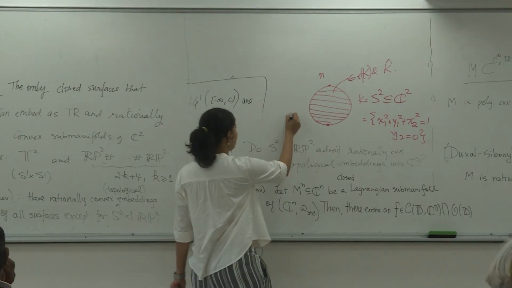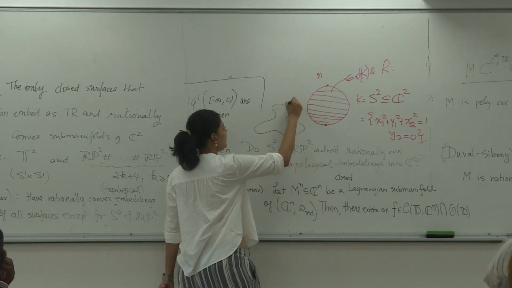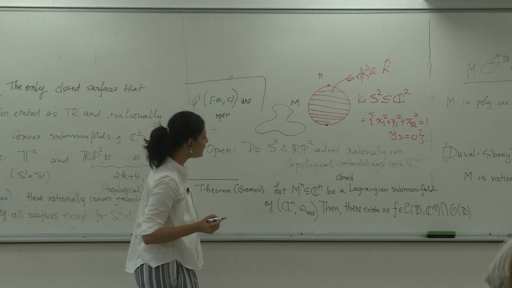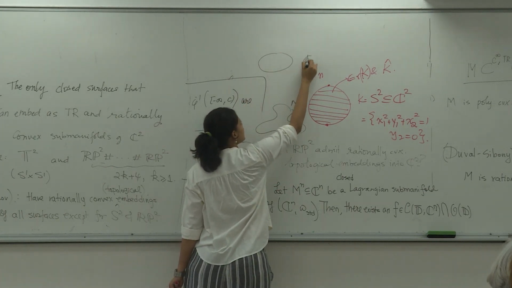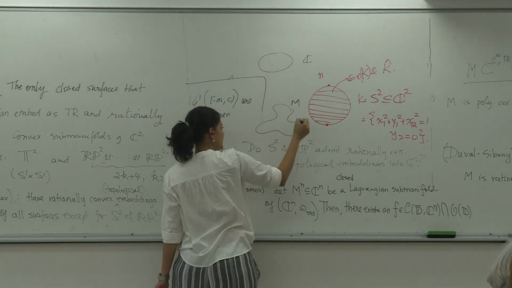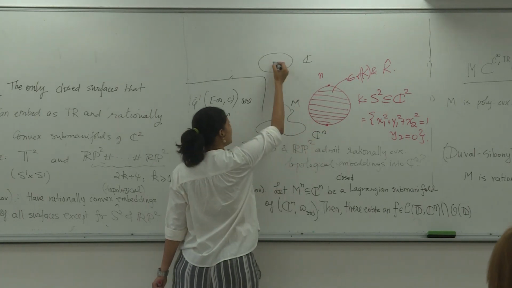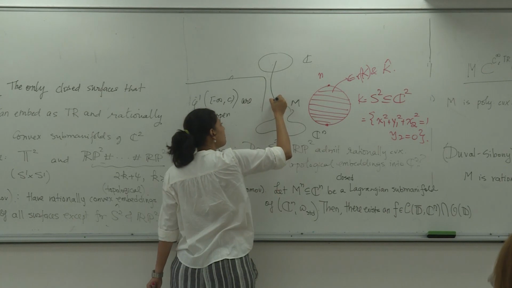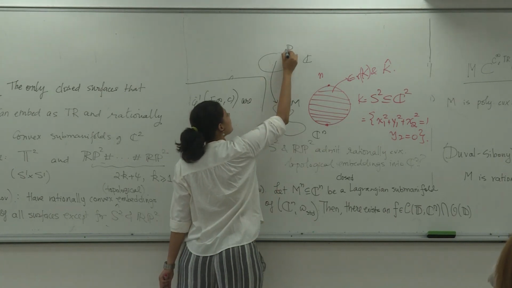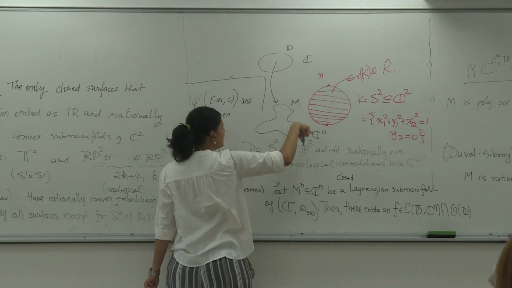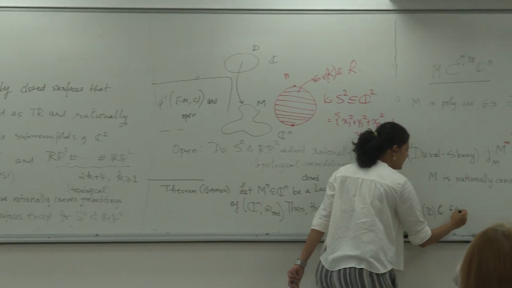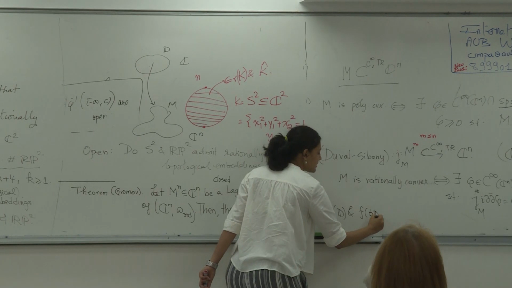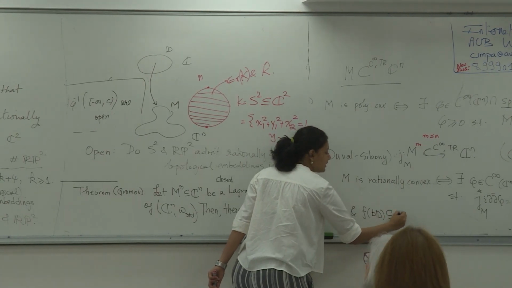Okay, so you have M here, this is some Lagrangian submanifold, and you have this disk which is sitting inside C, and remember this is all sitting inside Cn, so we can talk about holomorphic maps from the unit disk to Cn. And what we also have is that the boundary of the disk sits inside the manifold.